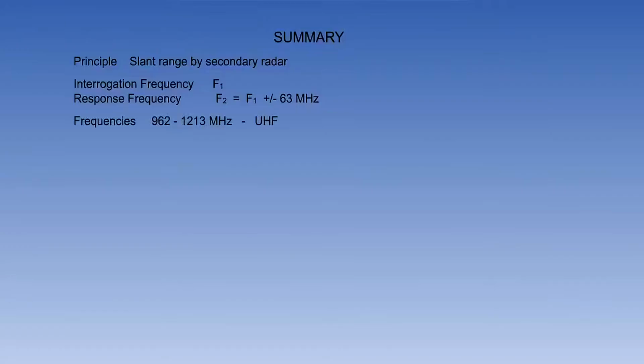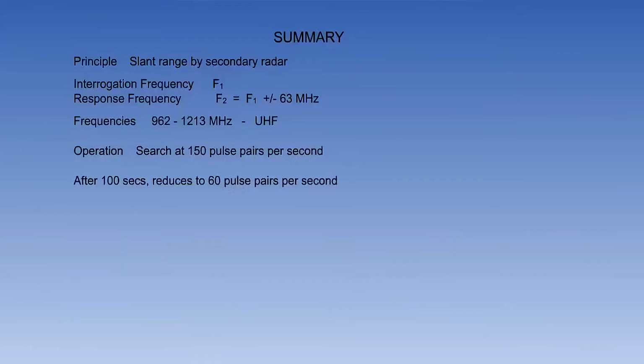The frequencies used are 960 to 1213 MHz in the UHF band at 1 MHz spacing. This provides 252 channels. The transmitter searches at 150 pulse pairs per second for 100 seconds or until lock-on.